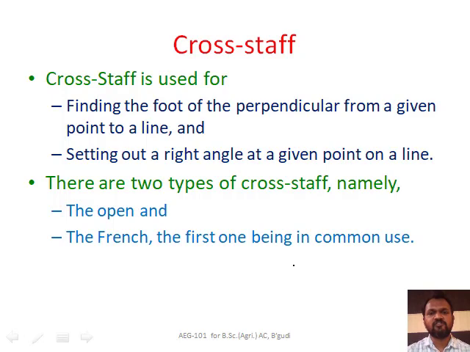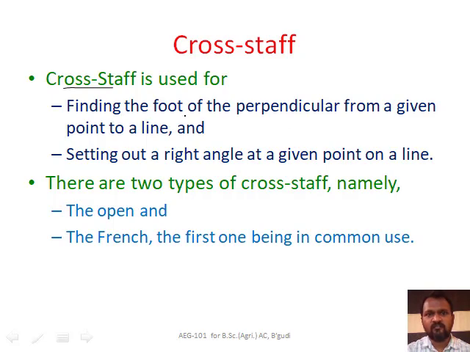Then the next instrument, which is a very important instrument that we use for taking right angles on the field. That instrument's name is crosstop. Crosstop is the instrument which we use to take the right angle on the surveying field.